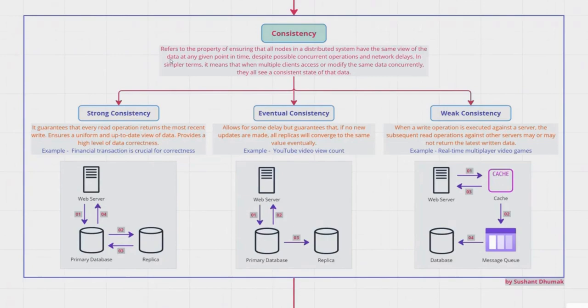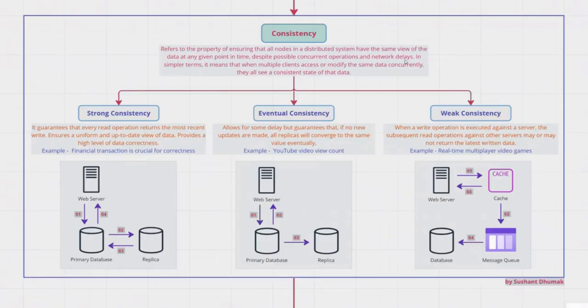As we always do, let's look at a book definition and then I'll explain it in my own language. Consistency refers to the property of ensuring that all nodes in a distributed system have the same view of data at a given point of time, despite any concurrent operations or network delays.